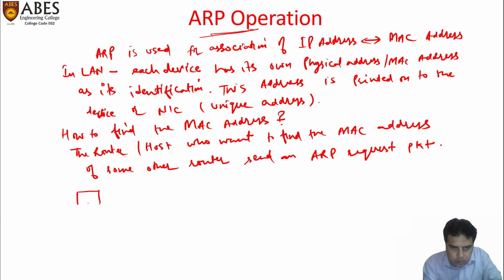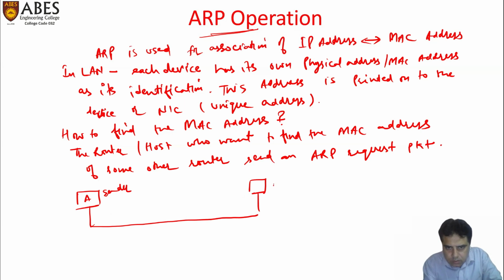So here is the ARP operation. This is the sender A, and this is B, the receiver. There are more hosts connected in between.